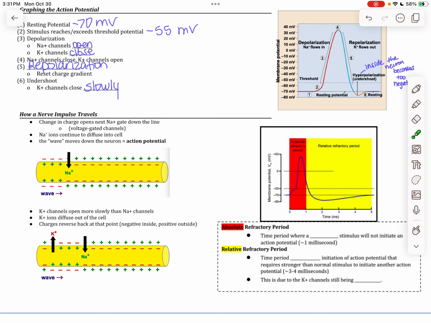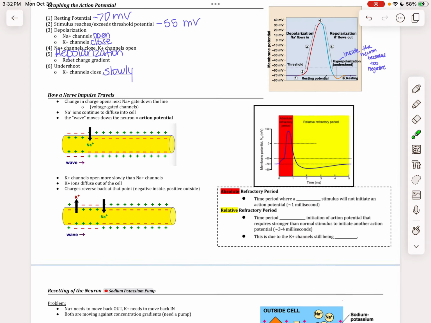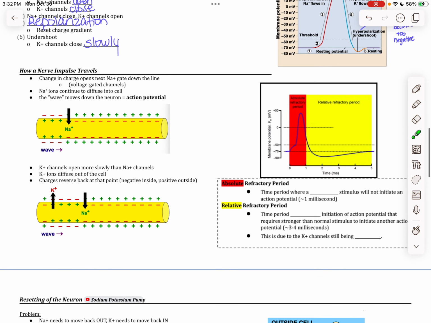That's called an action potential. Potassium channels open more slowly than sodium channels. Potassium ions are diffusing out, and the charges reverse back at this point, and that is called repolarization, to reset.